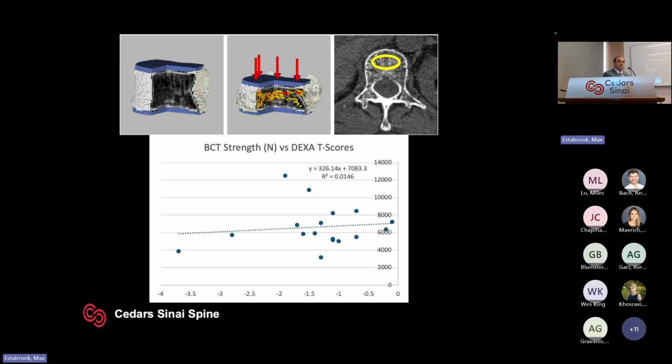It's like $275 for them to run it. Medicare typically pays for it. Otherwise, it's out of pocket probably. But this can justify that a patient having osteoporosis needs preoperative treatment, especially for bigger surgeries. But again, here, the poor relationship between DEXA and BCT just highlights further why I can't use this as a primary outcome for our tissue studies.